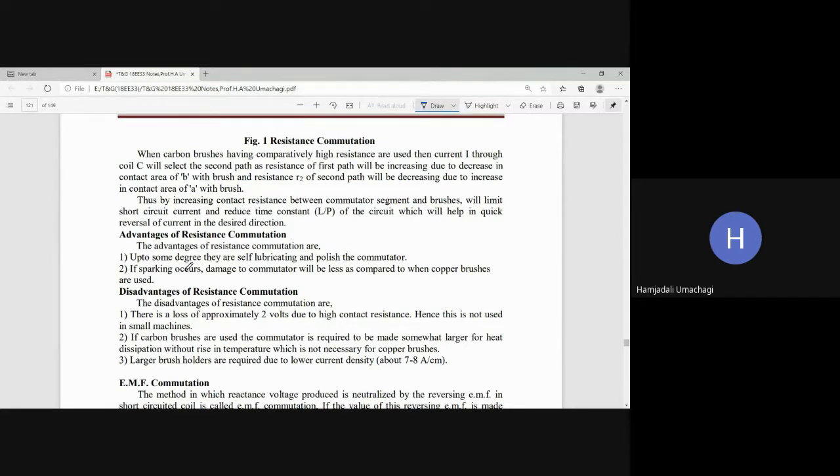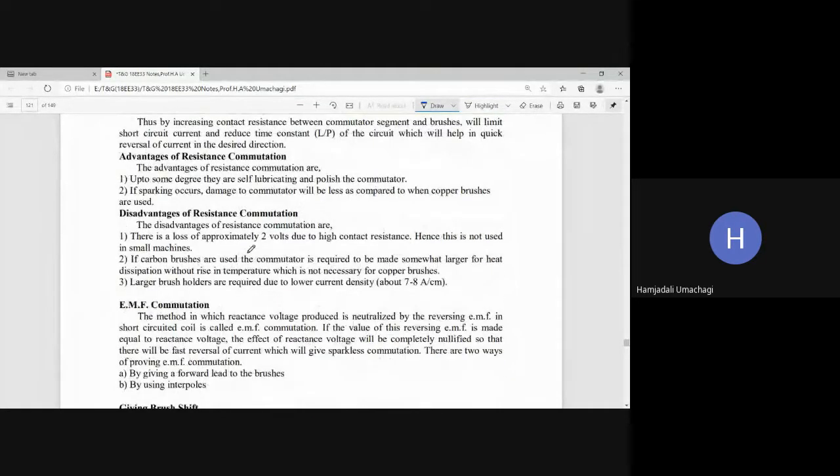But if we use brushes made of copper, then the spark will be more, the temperature will be more, and that rise in temperature will cause damage to the commutator. So these are the advantages: self lubrication and polishing of the commutator, and less damage from sparking in comparison with copper brushes.